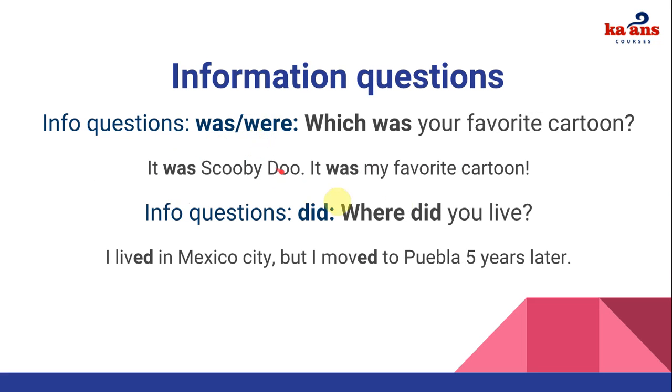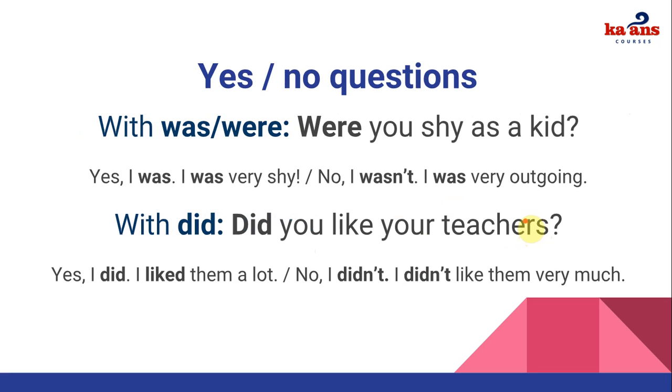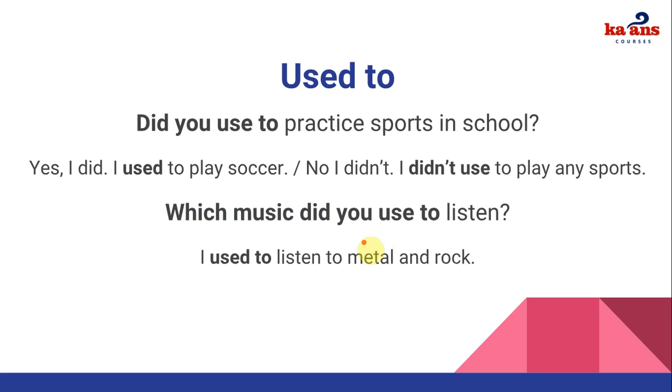Here we have the auxiliary did, and here we have live in the present or base form. We do not have lived. Same here: did you like? We don't have did you liked. That would be incorrect. So it's the same for used to.